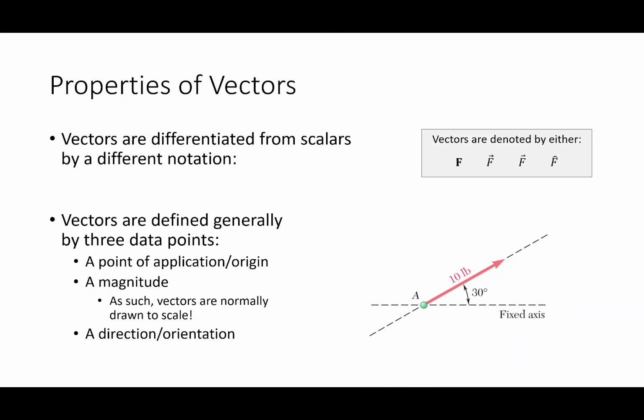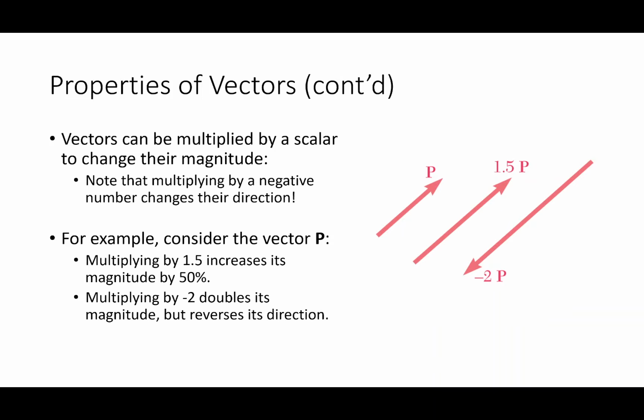If I were to write a 20-pound vector, I would draw it twice as long, so that the length of the vector is proportional to its magnitude. It's like Engineering 102 all over again, all that engineering scale stuff. Remember that? Fun stuff, right? Okay, so far so good? All right. So vectors, by that logic, can be scaled.